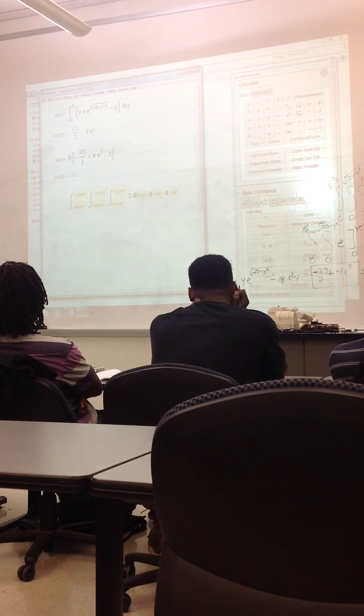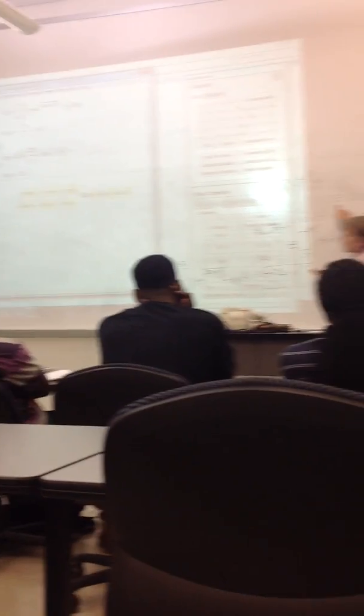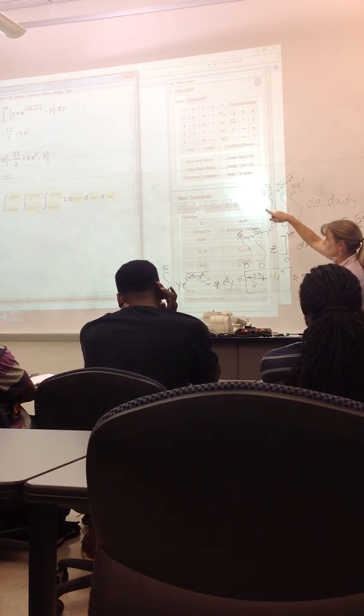It's 1 dz, so don't just leave it blank. I mean, you need to tell Mathematica that you have to put something there, okay? So 1 is what goes in the expression.